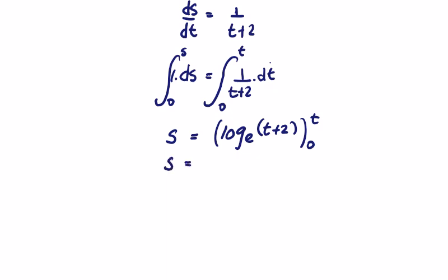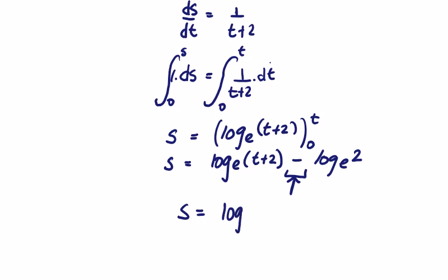It's going to give me s is equal to, putting t in, log to the base e of t plus 2, minus, putting 0 in, log to the base e of 0 plus 2, which is just 2. And we have the difference of 2 logs, so that's a division. So s is equal to log to the base e of t plus 2 over 2.